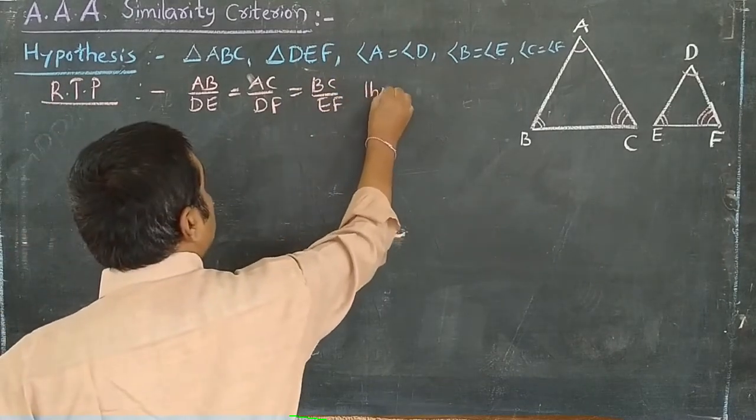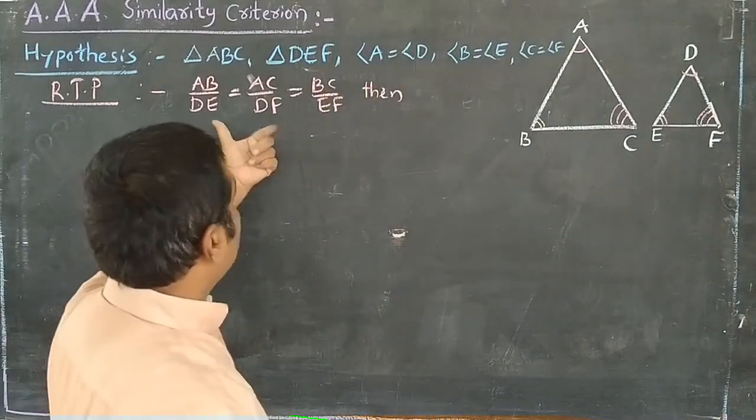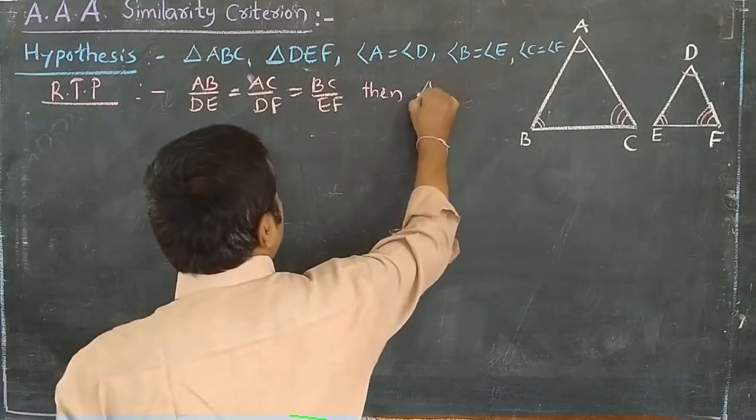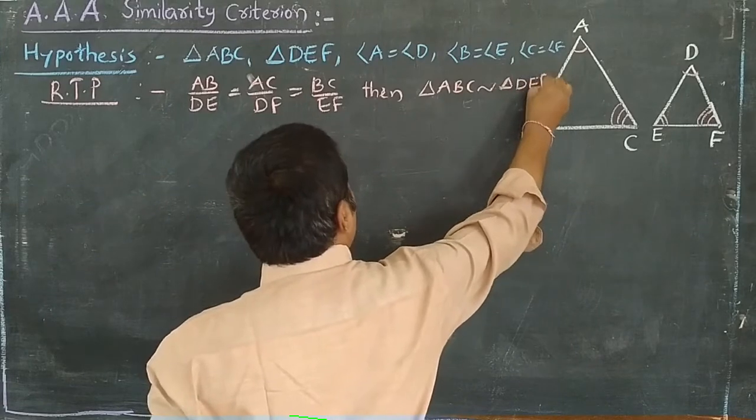Then we will accept it. Why? Because he gave the first condition, and we are going to prove the second condition. After these two conditions, we have to accept triangle ABC is similar to triangle DEF.